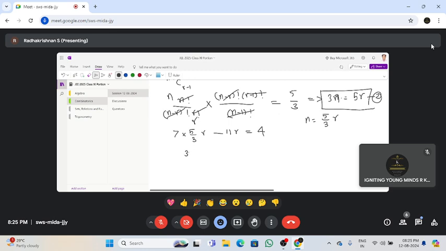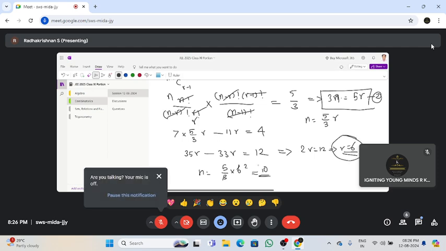That will give us 35r minus 33r equal to 12. It's 2r equal to 12, or r equal to 6. Okay, so substitute r equal to 6. So n equal to 5 by 3 r. What you get is n equal to 10, r equal to 6.